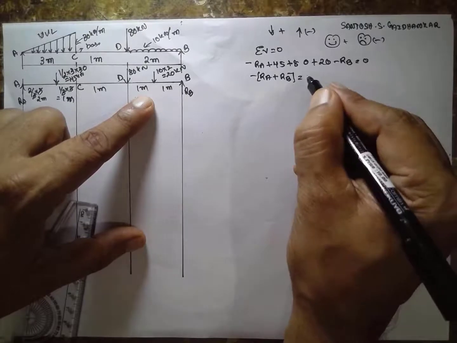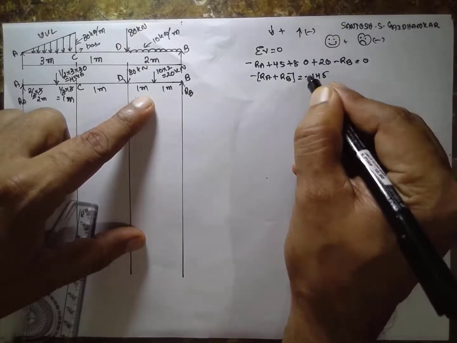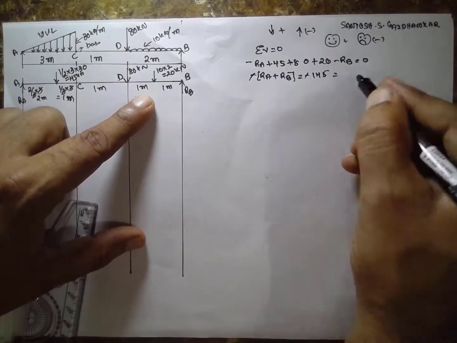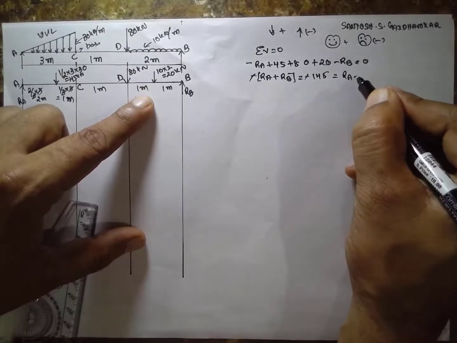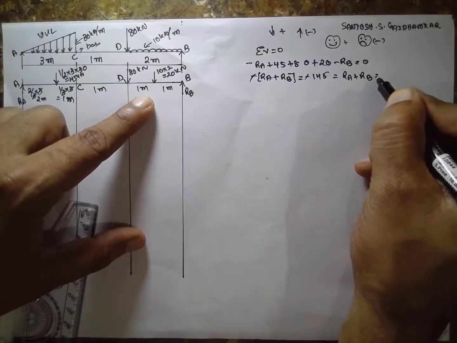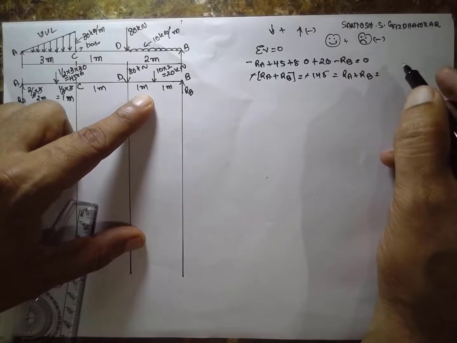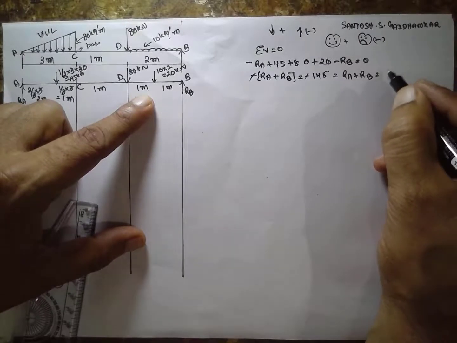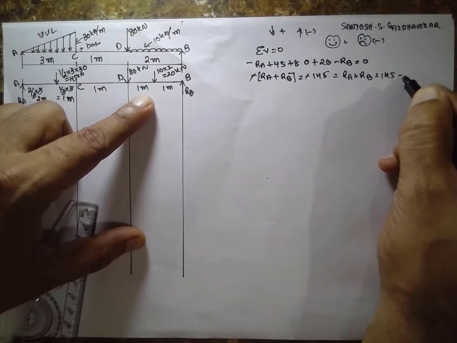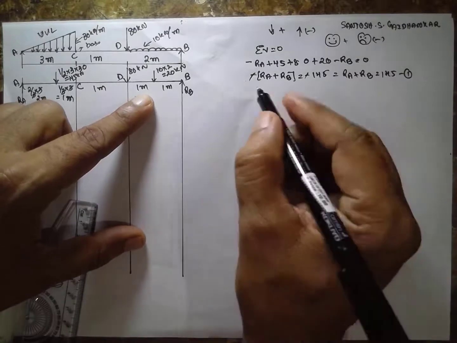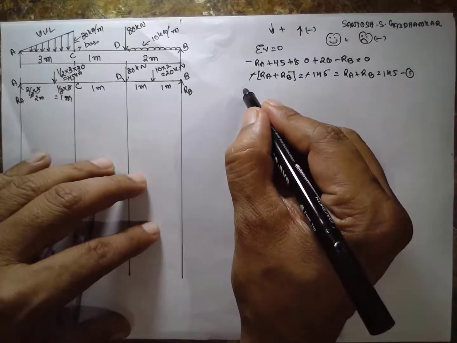It becomes minus 145. Minus gets cancelled. RA plus RB is equal to 145. Equation 1.